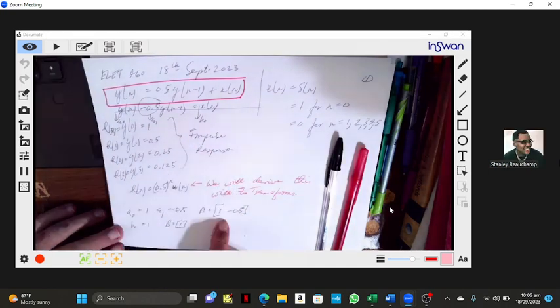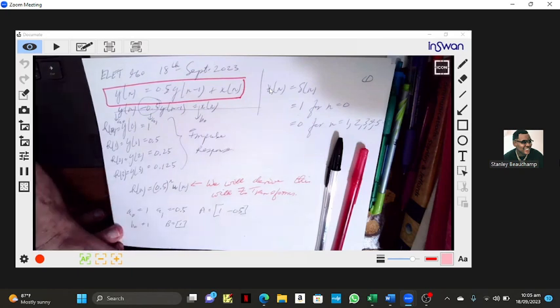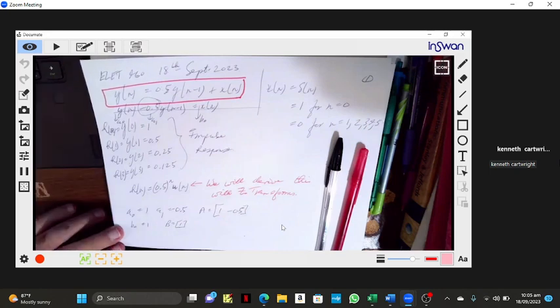I have a question about the vector. If it had a delay, would we still write it the same way if it was, say, negative 0.5 y of n minus 4? Would we write it the same way as the A vector?